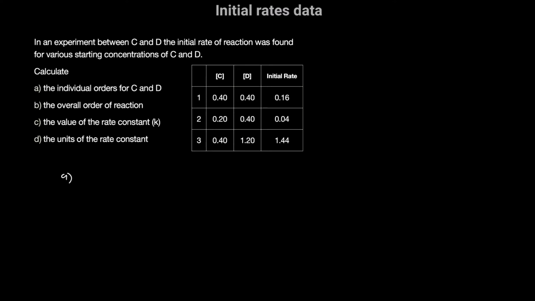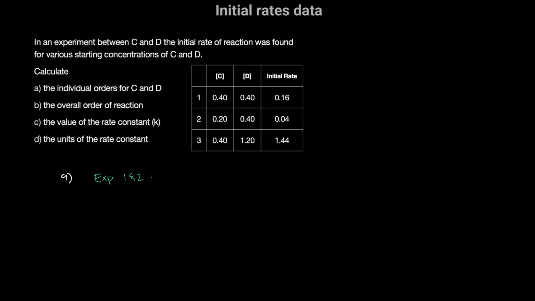And we can see that if we compare experiments 1 and 2, we're changing the concentration of C, but we're keeping the concentration of D constant. So we want to know what effect changing the concentration of C has on the rate.